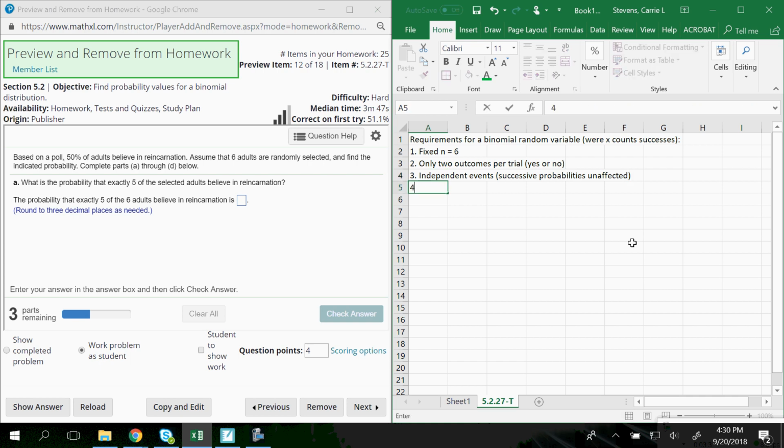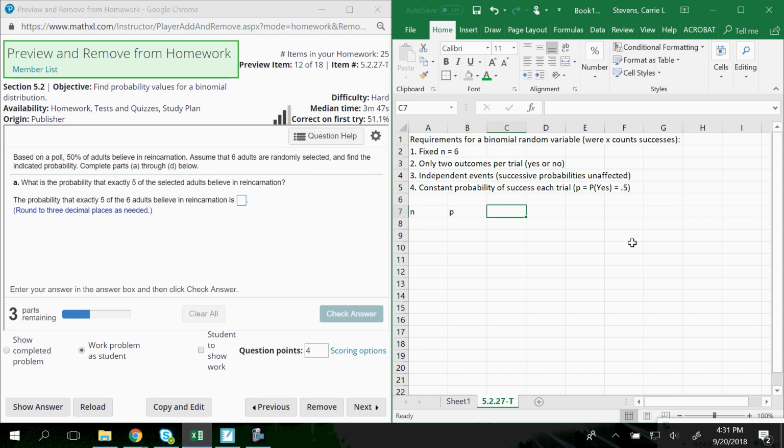Okay, and then 4, constant probability of success each trial. Okay, so the probability of success, which is the probability that they believe in reincarnation, or the probability that they say yes, is 0.5, 50%.